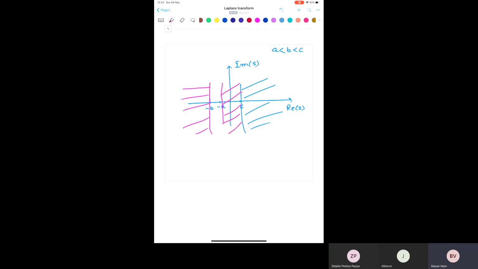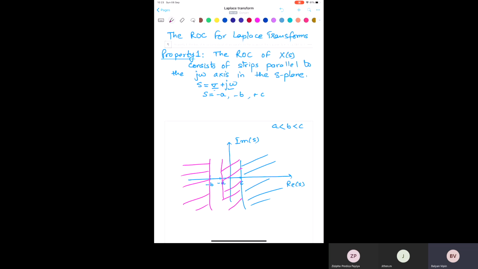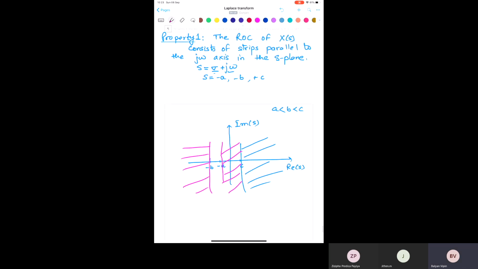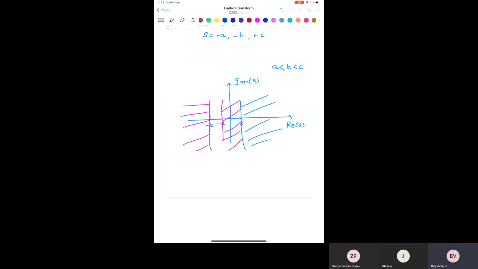That's what we wrote here: the ROC of X(s) consists of strips parallel to the j omega axis in the S plane. That's why whenever you are finding the ROC, if it's not coming parallel to the imaginary axis, that means you are making some mistake.